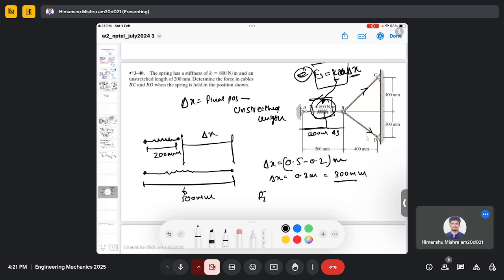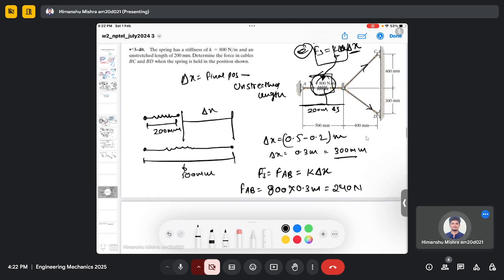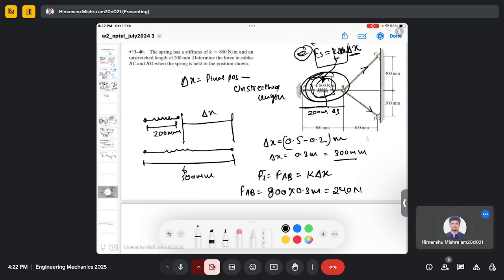force is equal to force in the chord AB, which will be K delta x. So force in the chord AB will become 800 Newton per meter times 0.3 meter. So this is 240 Newton, which means the force in this chord AB is 240 Newton.